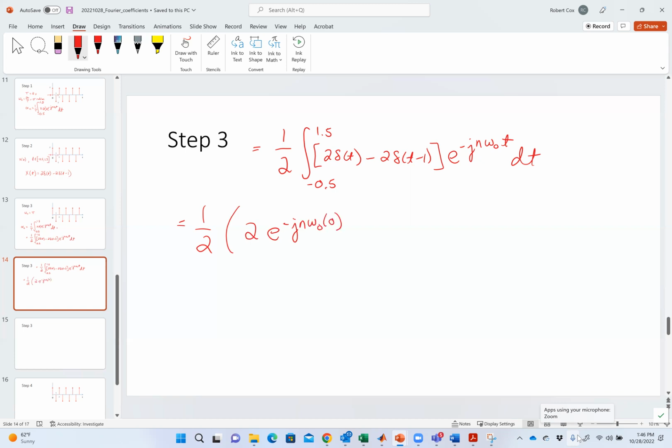I pull out the value of this function at t equal to 0, right? Then I do the same thing at what location? 1. So I say minus 2 times e to the negative j n omega naught times 1. And I'm done. All right, it's that simple.